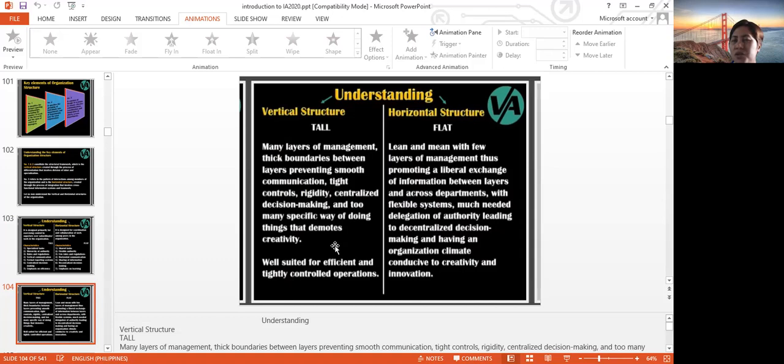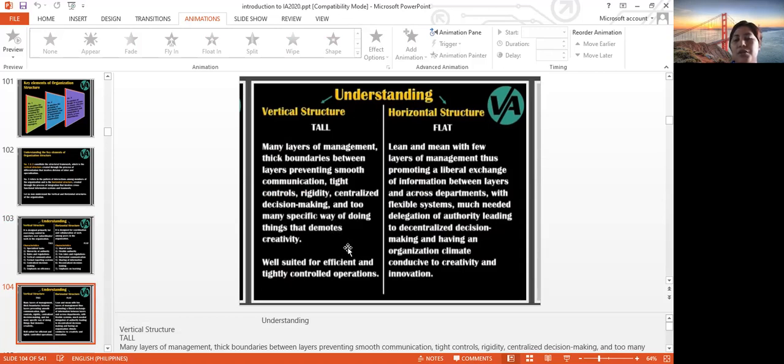Why does it demote creativity? Because there are rules and regulations to follow. It is centralized, so at the back of your mind you decide, okay, I'm not going to continue because there is a rule that says we're not allowed to do something like that.